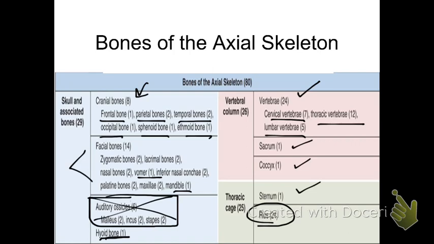So 24 of your 80 axial skeleton bones are simply ribs, and I will not be asking you to differentiate between the first rib and the 12th rib. As you look at your skeleton, you will notice there's a dramatic difference in the shape of the ribs. However, we're just going to call them ribs. We appreciate they all taste the same.